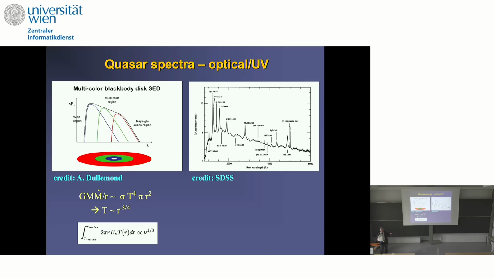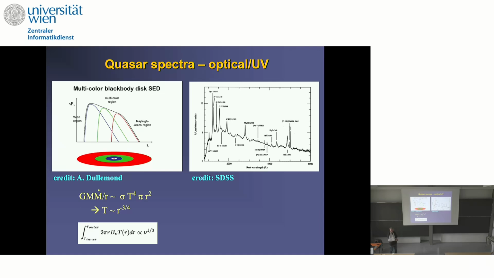M dot is constant through the disk, and that heating, that energy, has to go somewhere. If it's coming out as blackbody emission from the surface, then it's sigma T to the fourth times the area. This equation tells you temperature goes as r to the minus 3/4, which means the inner disk is hot, the outer disk is colder, and therefore the emission from this disk is a multicolor blackbody. You sum up a bunch of blackbodies.